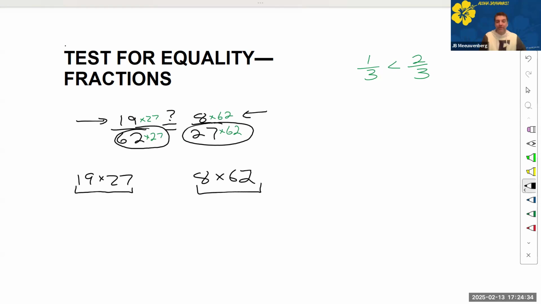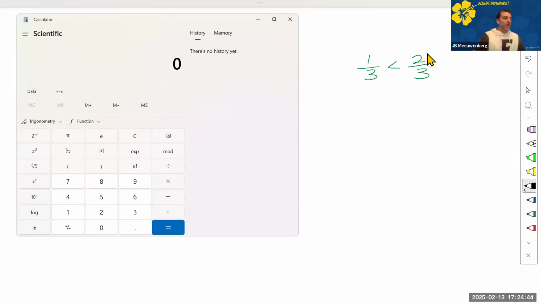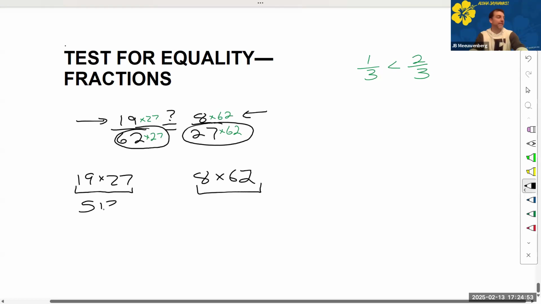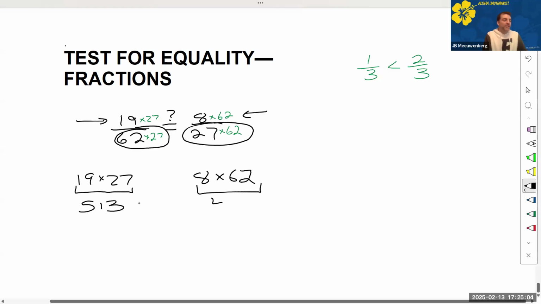And so if we pull out a calculator and do that multiplication, let's make it so we can see the work behind it. We take 19 times 27, 513 here, and we take 8 times 62, and we get 496 there.